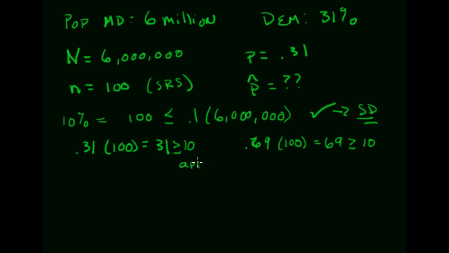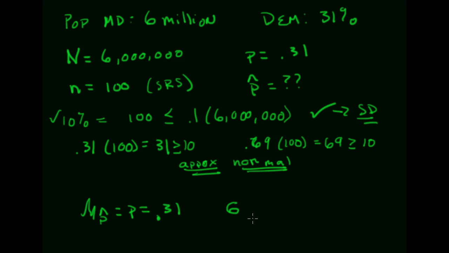So I'm going to be approximately normal, with a mean equal to p, which is 0.31.